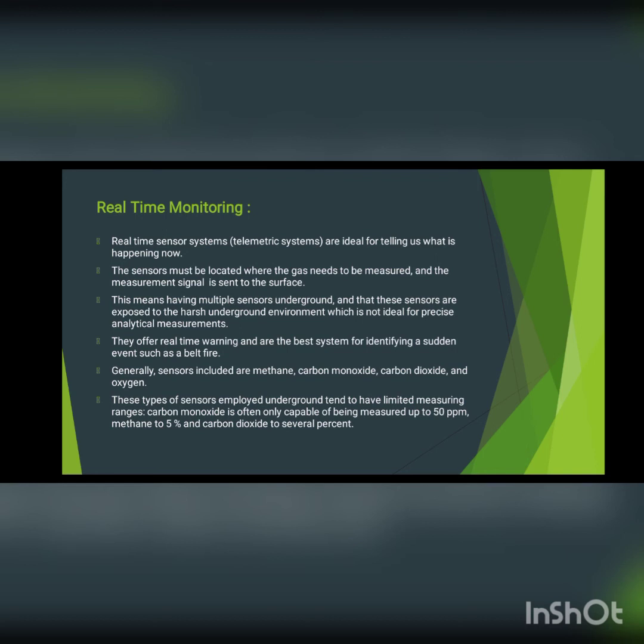This means having multiple sensors underground, and these sensors are exposed to a harsh underground environment, which is not ideal for precise analytical instruments. They offer real-time warning and are the best for identifying a sudden event such as a belt fire. So they are very useful for us. They will detect immediate changes like a belt fire, to minimize damage and loss of lives.